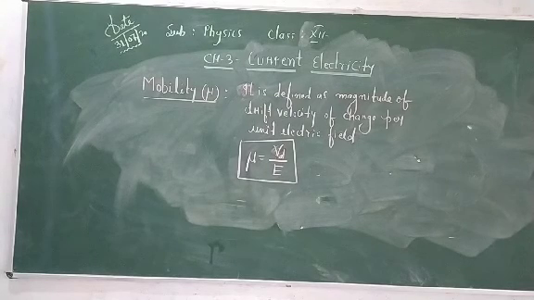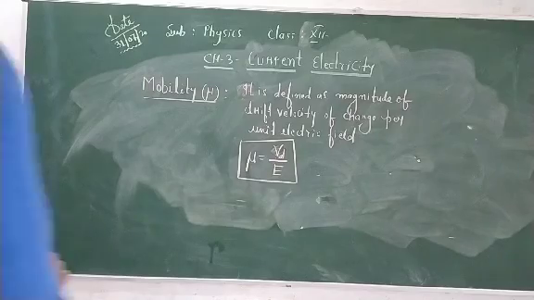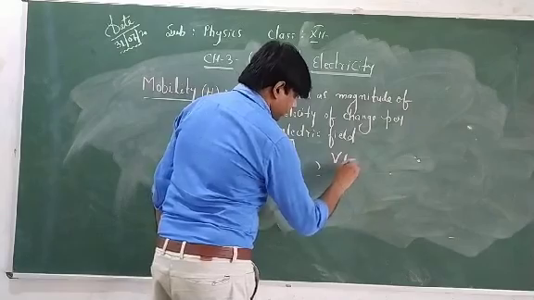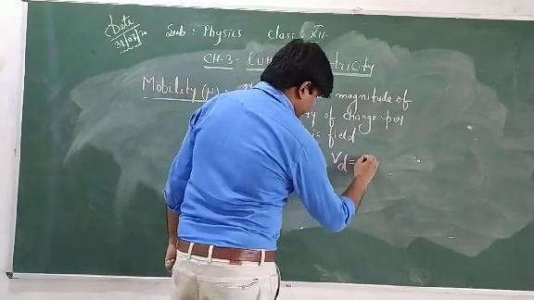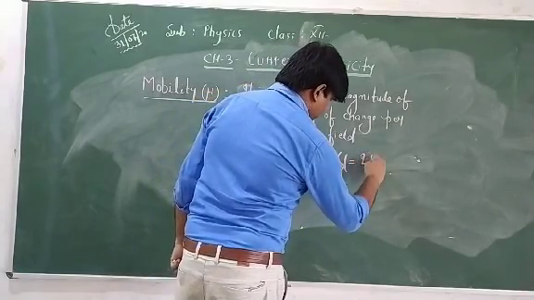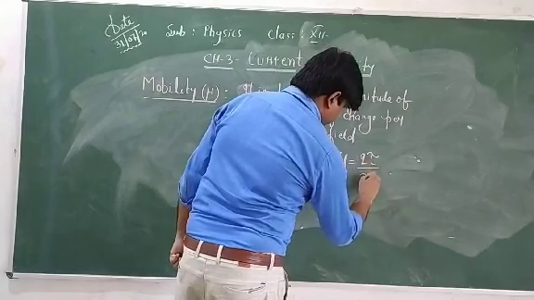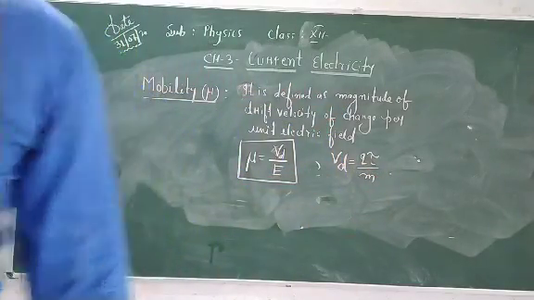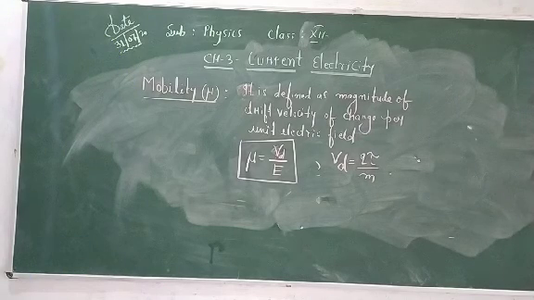In the previous class we established the relation. This was the drift velocity formula, where Q is the charge, tau is the relaxation time, divided by the mass of the electron.